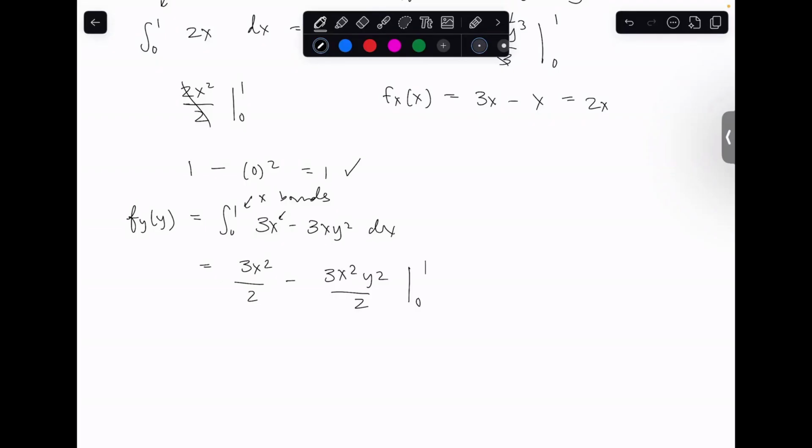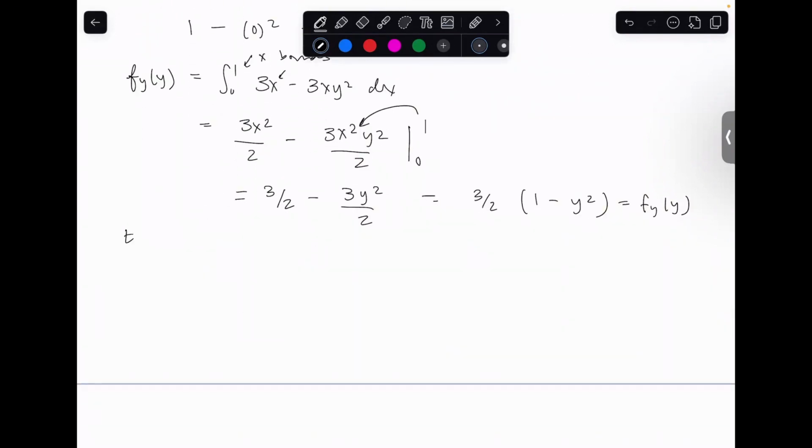Evaluate that from 0 to 1. That just gets us 3/2 minus, plug in 1 here. That's 3y squared over 2, which is the same as 3/2 times 1 minus y squared. And here is my marginal density function for y.